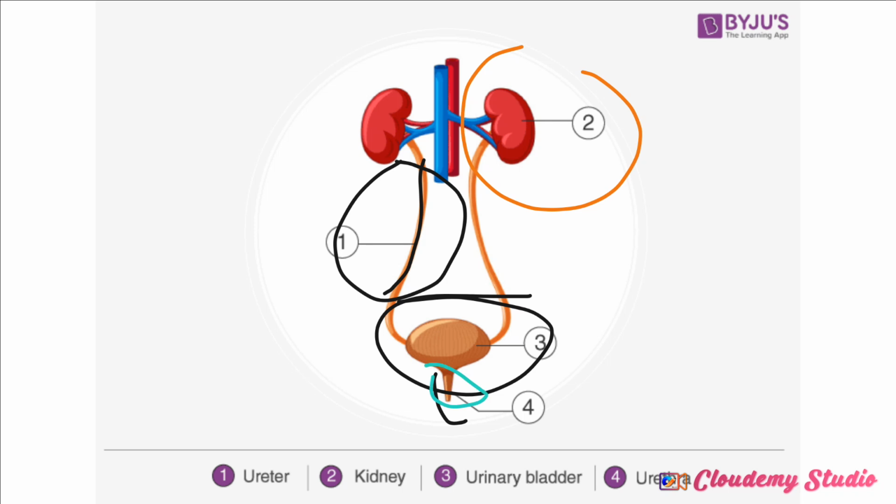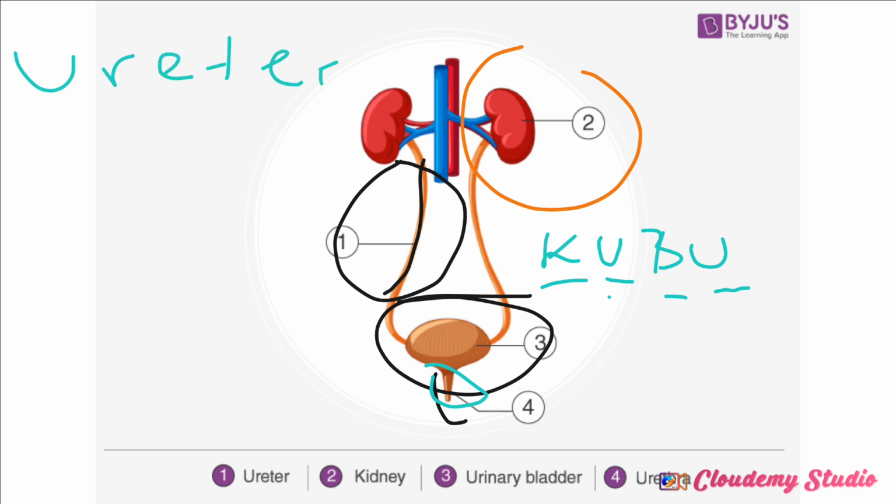Look at it. The one that I mark in green. You understand? So let us make an acronym: KUBU. That is the kidney, the ureter, the urinary bladder, and the urethra. Now, you have to know there are two different things. We have the ureter, and we have the urethra.